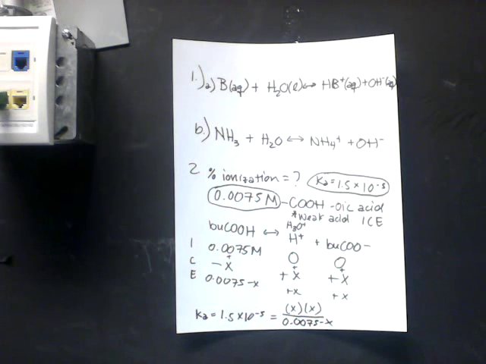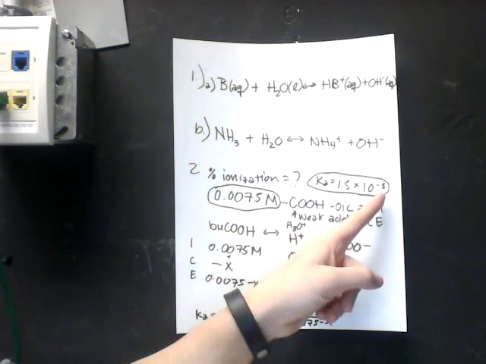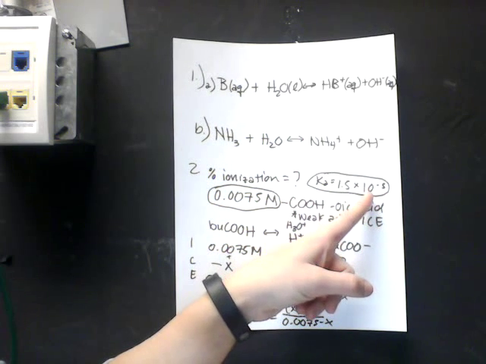Right? So what was my rule for chapter 16? When can I get rid of this minus X? That's when my Ka is smaller than 1 times 10 to the negative 3.